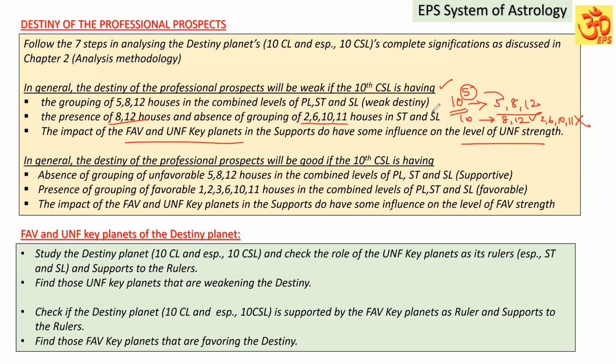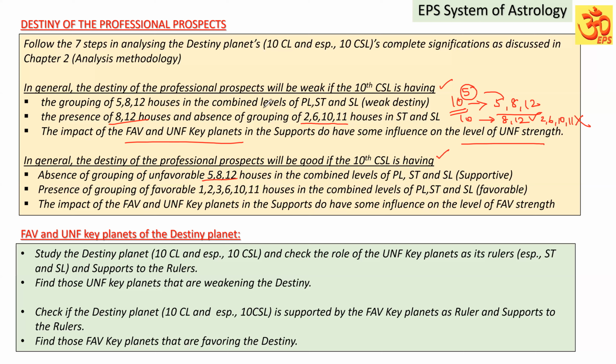It is in the star and sub of a planet which is having unfavorable grouping, that we studied. Now, we are going to study when the destiny of the professional prospects will be good, if the 10th cuspal sublord is having, first, absence of grouping of unfavorable 5, 8, 12 houses in the combined levels of planet, star lord, and sublord.